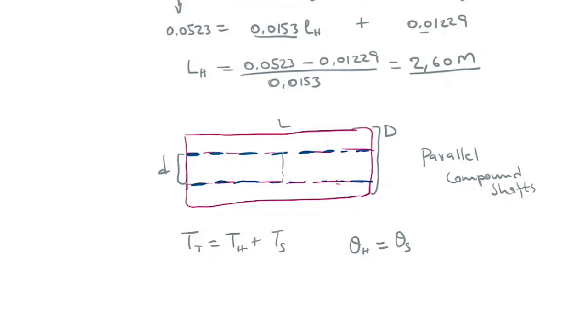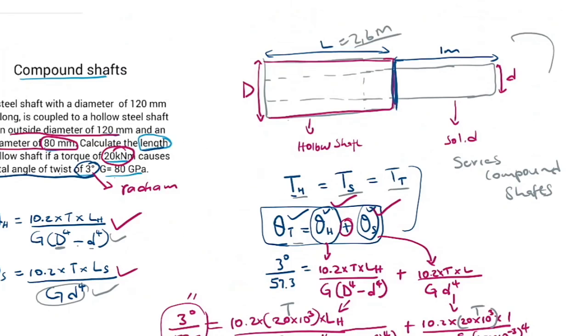You see, it is vice versa now. For the torque, it is not the same. For the total, you have to add the torque for the hollow shaft and the torque for the solid shaft. You add them together to get the total torque. That's how you calculate this. I just wanted to illustrate this because it is a parallel combination. This is a series one.